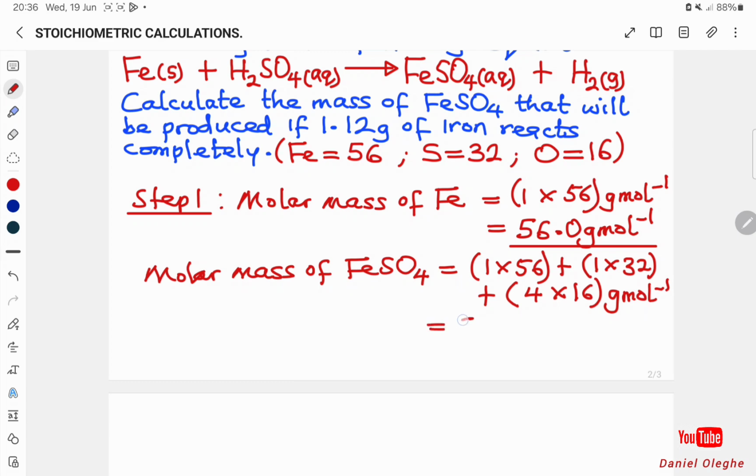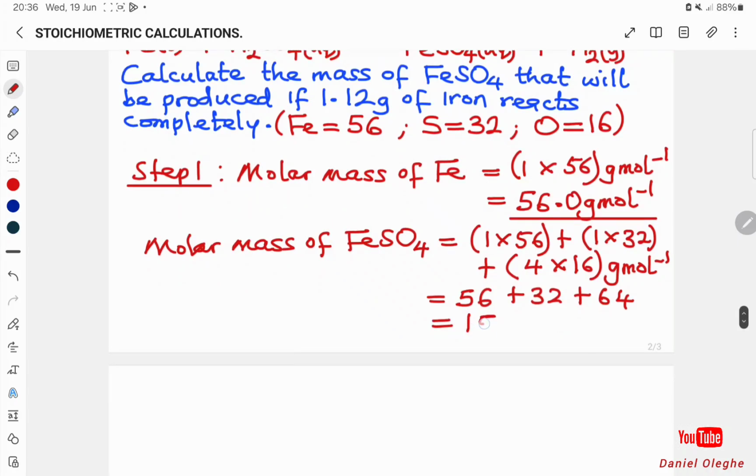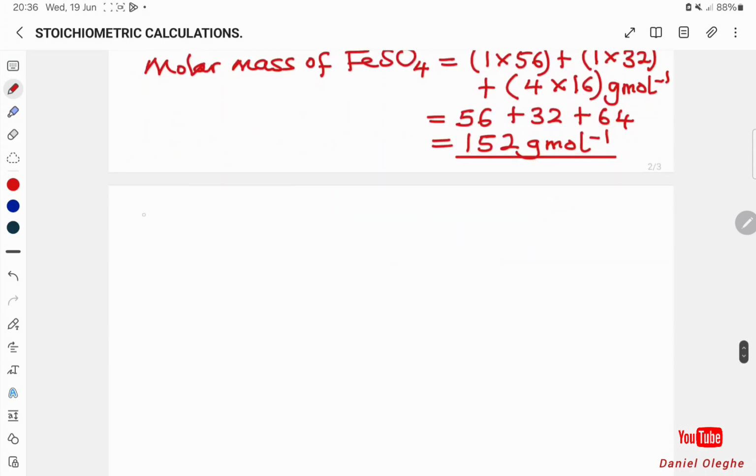We add everything up: 56, 32, and 64. We have 152 gram per mole as the molar mass of the product, FeSO4.